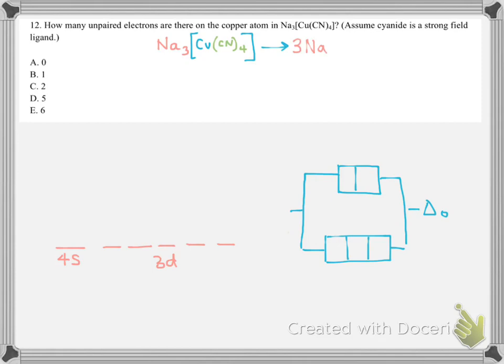So we have 3 sodium ions, and when those dissociate away, we have our copper complex, still with the cyanide, that would now have a -3 charge.